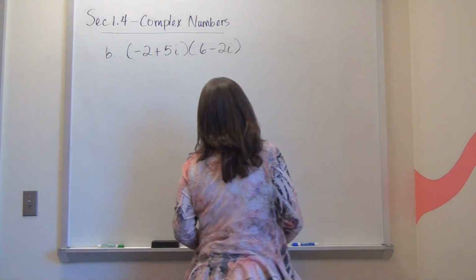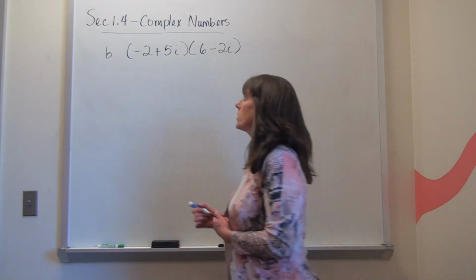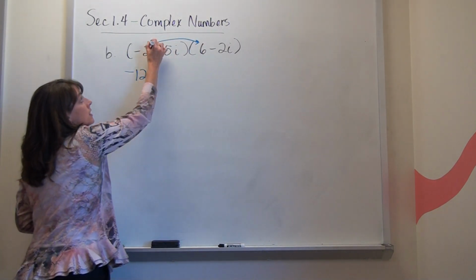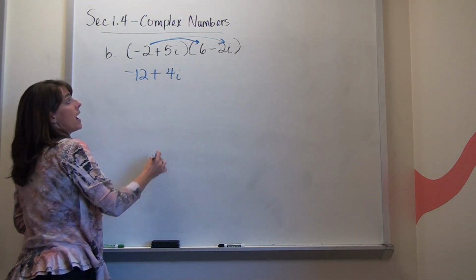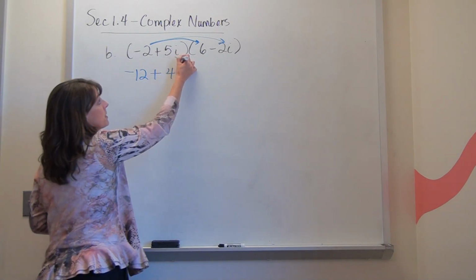So if that's acting like a variable, what would you do with that? Certainly, you would FOIL it. So let's FOIL it. So a -2 times a 6 will be a -12. -2 times -2i will be a +4i. And then we've taken that -2, we sent him all the way through the second parentheses. We're done with him. Let's pick up the next guy.